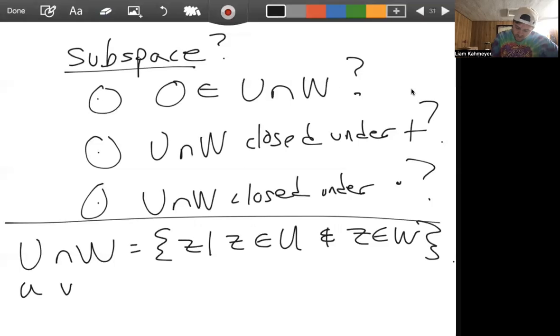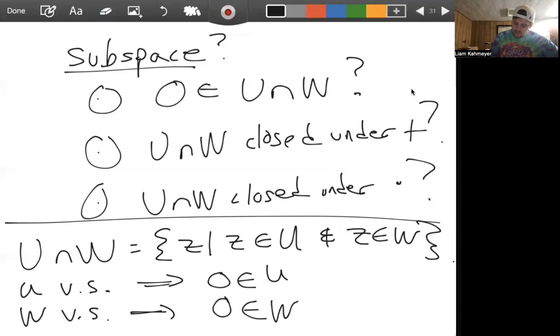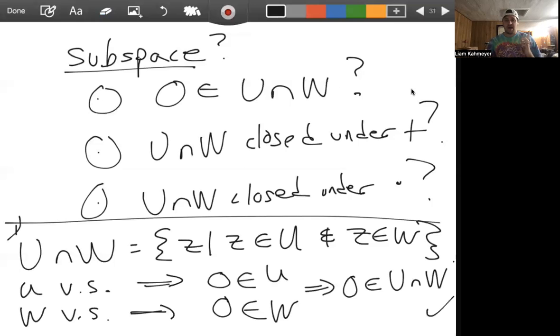U is a vector space, which implies that 0 is an element of U, and W is a vector space, which implies that 0 is an element of W. Well, by the definition of the intersection, this implies that 0 is an element of U intersect W, right? First one is verified. We've shown that, right?